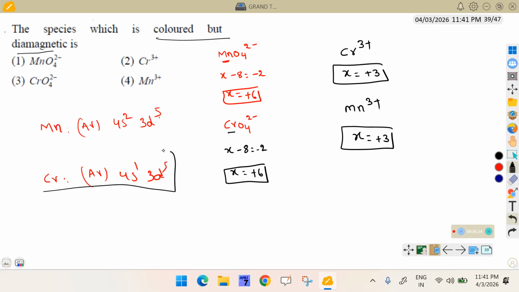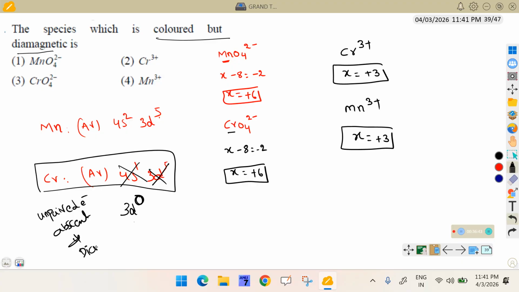Argon 4s1 3d5, remove 6 electrons, then 3d0 electronic configuration. d0, unpaired electrons are absent. Unpaired electrons absent, so it is considered diamagnetic. It is diamagnetic, no doubt. And it is colored. But CrO4 2 minus is a colored substance.